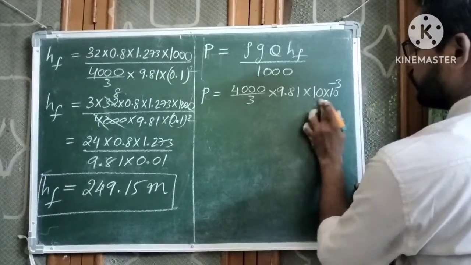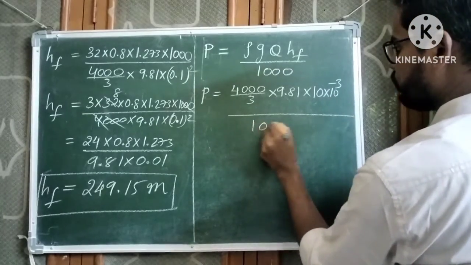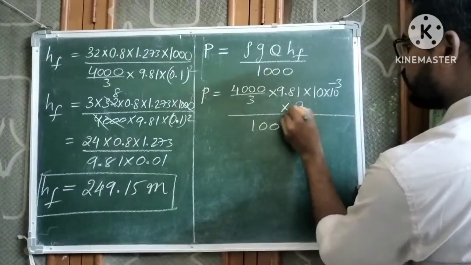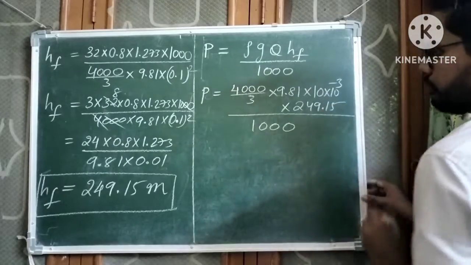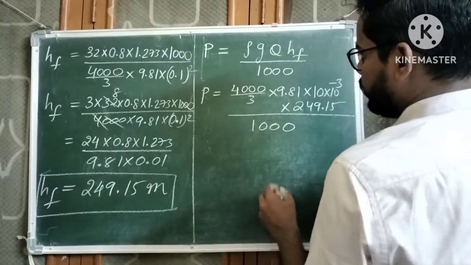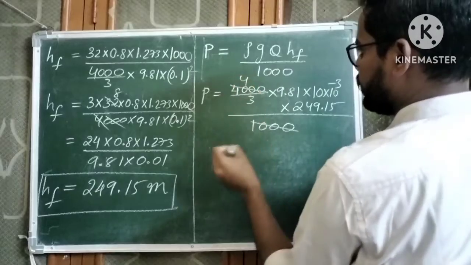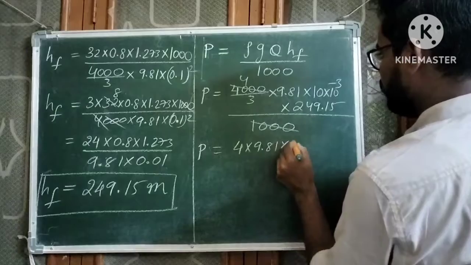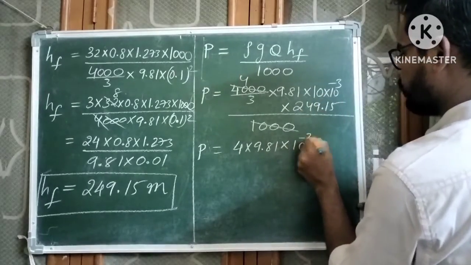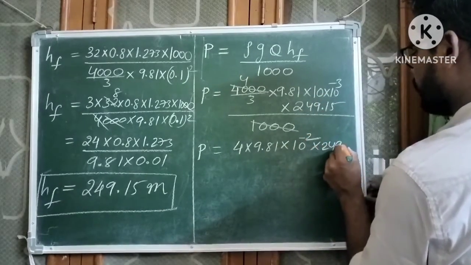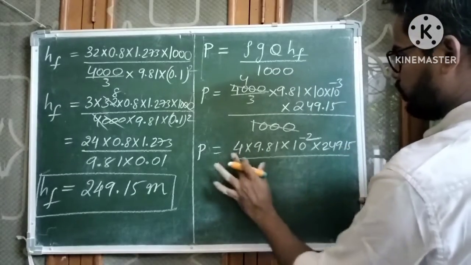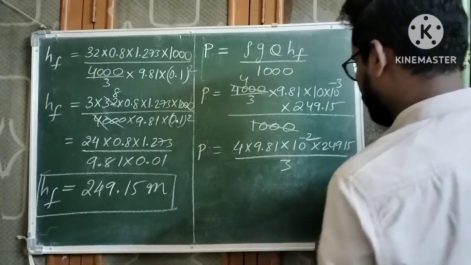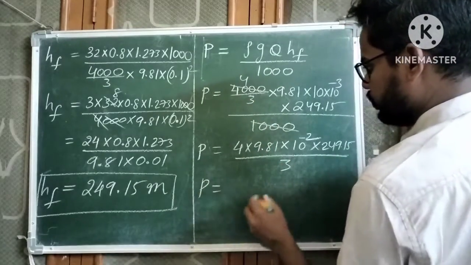Into head loss due to friction. How much did we get for head loss due to friction? We got 249.15 meters. So first of all, 1000 ones, 1000 fours. P is equal to 4 into 9.81 into 10 into 10 to the power minus 3, 10 to the power minus 2, into 249.15 divided by 3, since the denominator has 3.